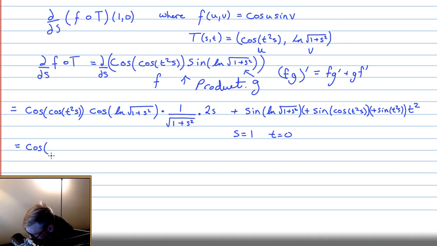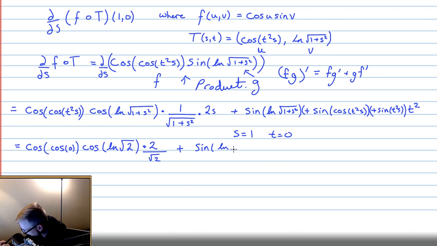Okay. Cosine of cosine t squared, so cosine of 0. And times the cosine of the natural log of the square root, s is 1, so square root of 1 plus 1, square root of 2. Divided by, well, this is multiplied by 2 times 2 over square root of 2 again. Not bad so far. Plus, now this side, sine of the natural log of square root of 2 again.